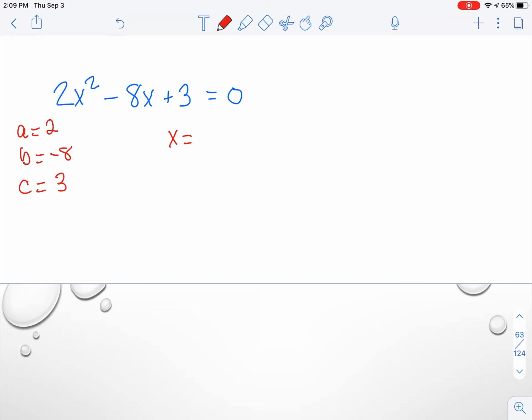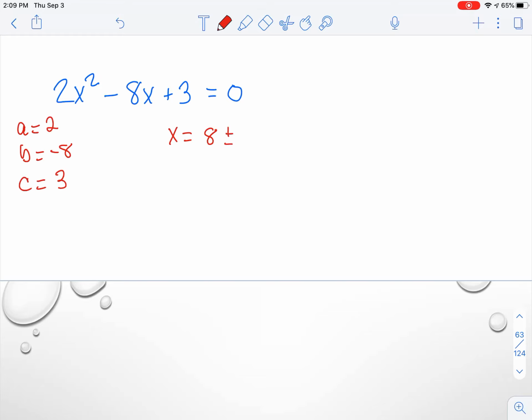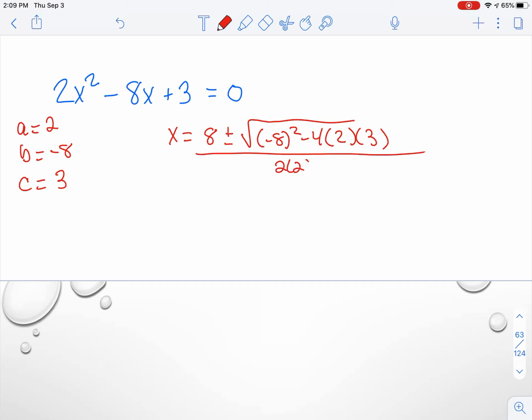X equals negative b, or the opposite of b, plus or minus the square root, b squared minus 4ac, all over 2a. Negative 8 quantity squared minus 4 times 2 times 3. Square root of 40. All divided by 4.